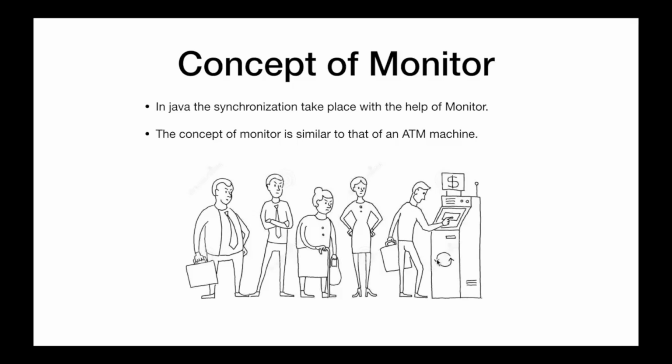The person who has access to the ATM machine can carry out his operations, and after he leaves, the other person in the queue can then access the ATM machine. So this is what synchronization means, that we are synchronizing the access of a resource to various persons who are trying to work on the resource.